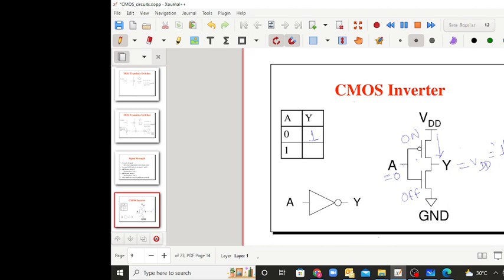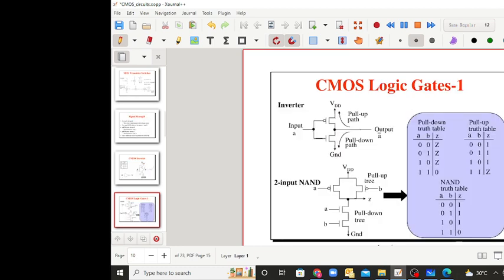This output is 0. We call this the pull up path, where the voltage is pulled up, and this is the pull down path.